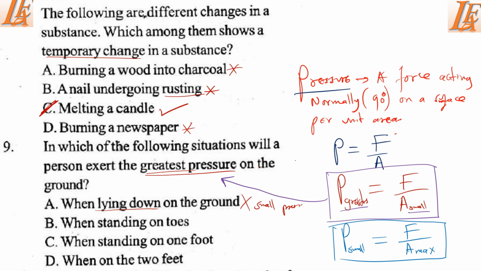C, when standing on one foot, the area is larger than toes. So this one cannot. Then D, when on the 2 feet, that is a very large area. It cannot. So when you are standing on toes you have a very small area. You can look at your toes. So this is when you can exert greatest pressure. Remember, for you to exert greatest pressure, you must be in contact with the ground with the smallest area.